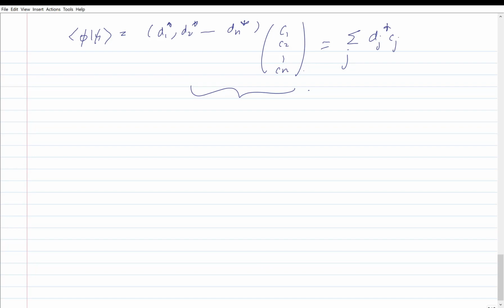Okay, so in this bracket formalism, it's easy to see how linear operators behave.